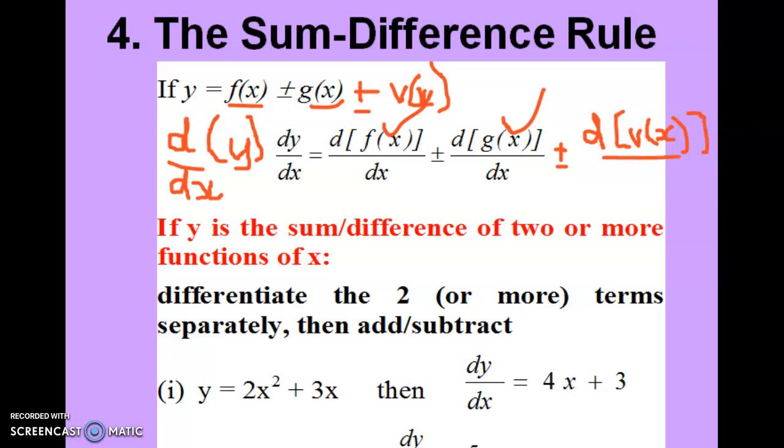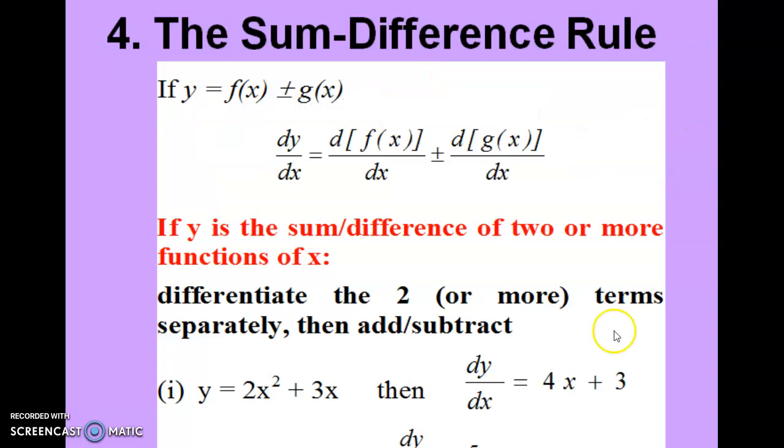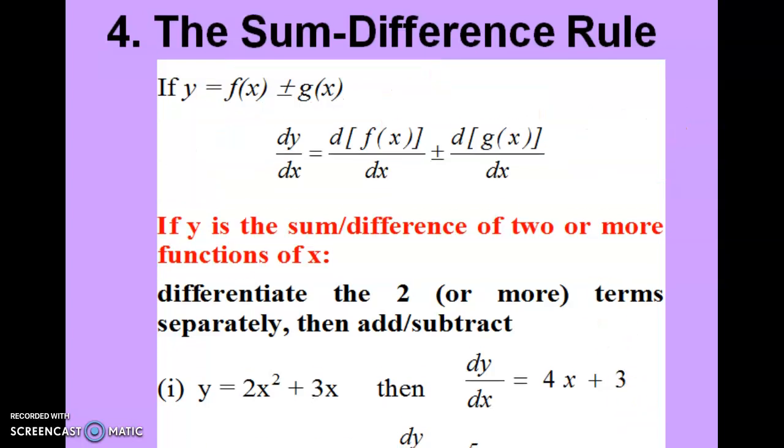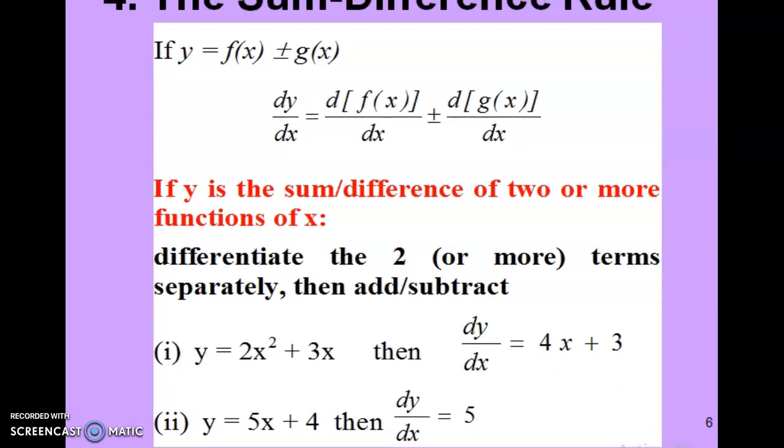Then dx, just like this. So that's what we were going to do. Let me see if you are not leaving something out here.